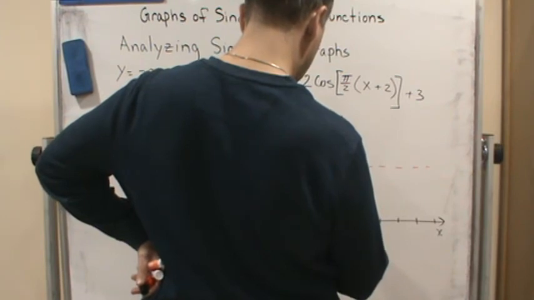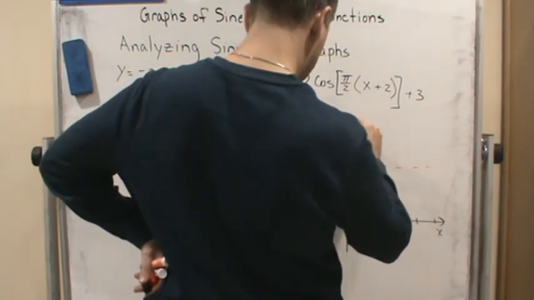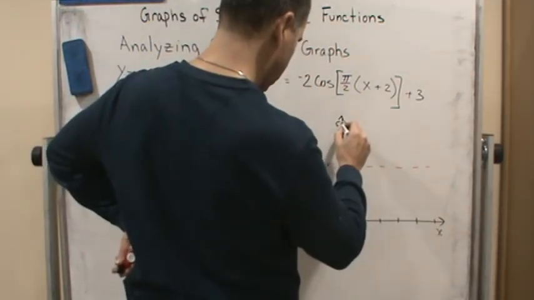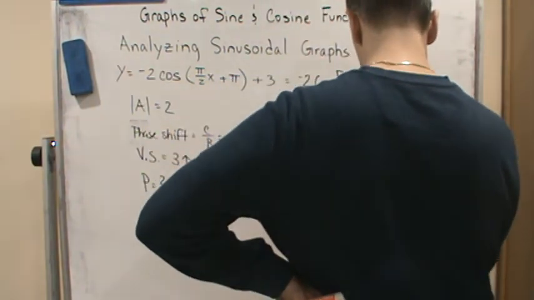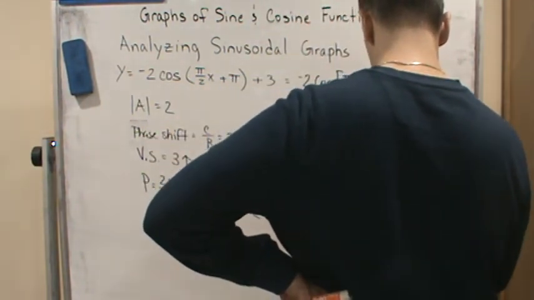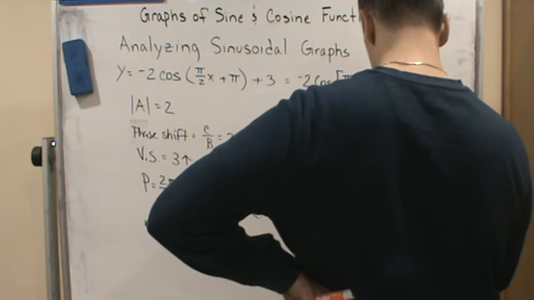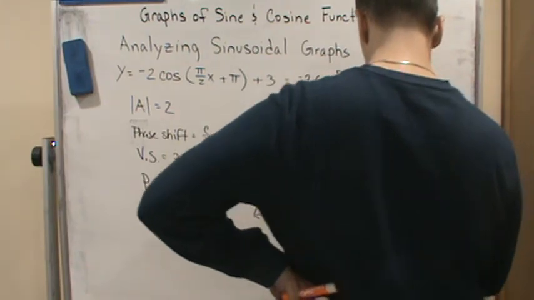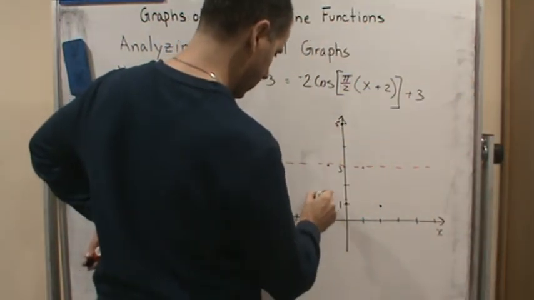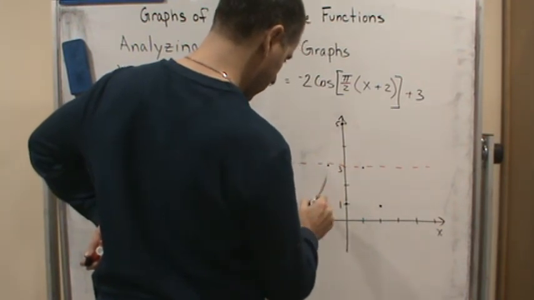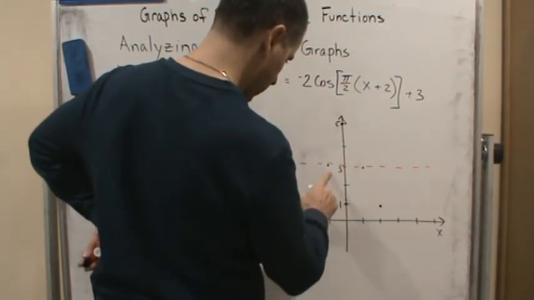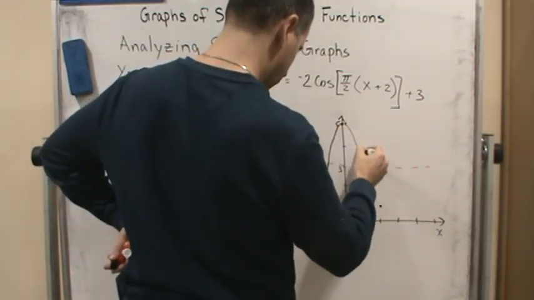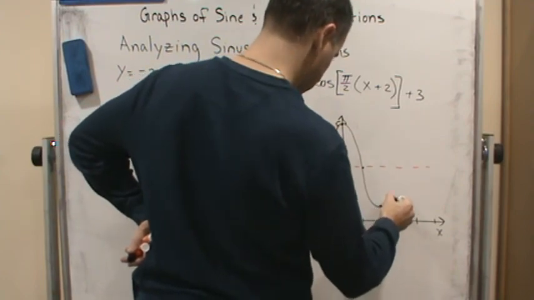So it's going to go 1, 2, 3. Yeah. So 1, 2, and then it's going to go down 3, and 4. So it's going to go like this. Something like that.